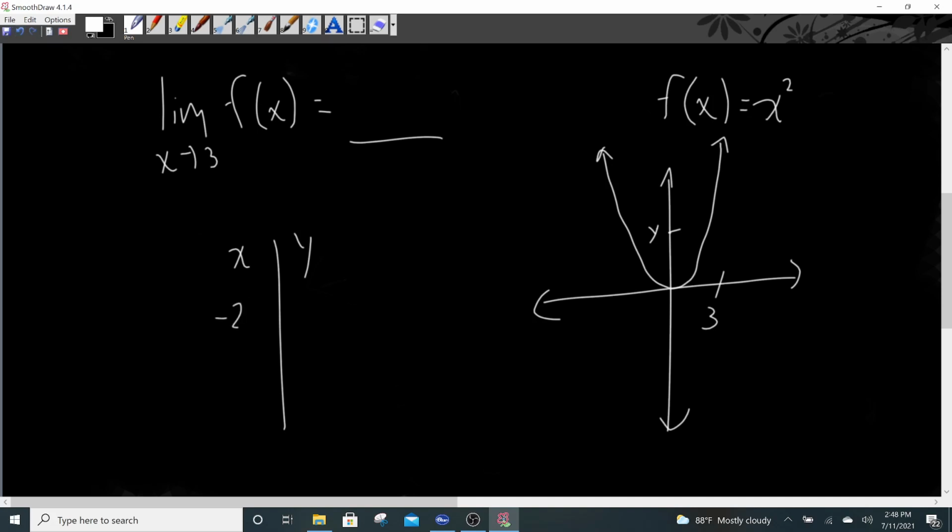We'll have negative 2 is 4, because negative 2 whole squared is 4. Negative 1 whole squared is 1. 0 squared is 0. Continue here. 1 squared is 1. 2 squared is 4. And then 3 squared is 9.